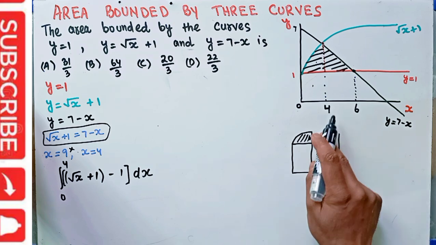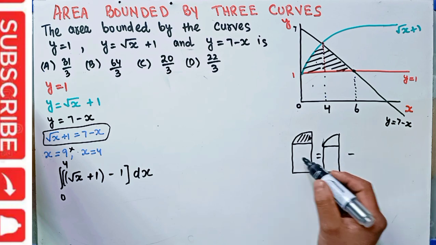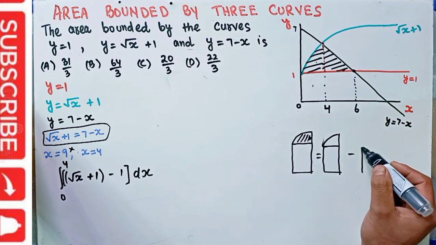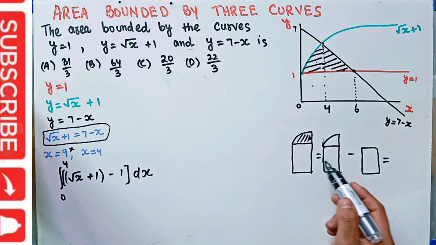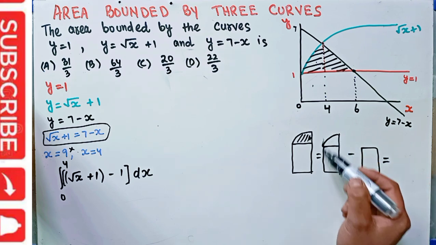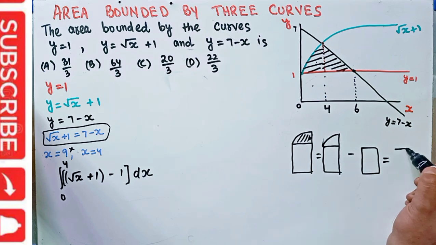Okay, and let me show it here, the whole region. From this I will subtract this rectangular thing. Okay, so I will subtract this. From this figure I will subtract this, then I will get the area of this region.